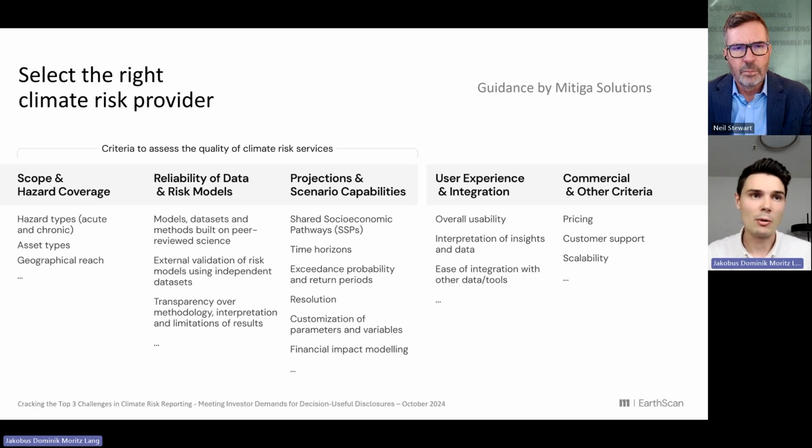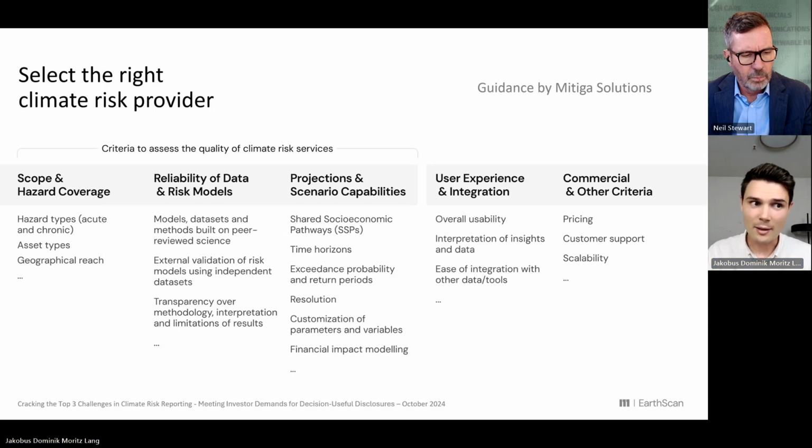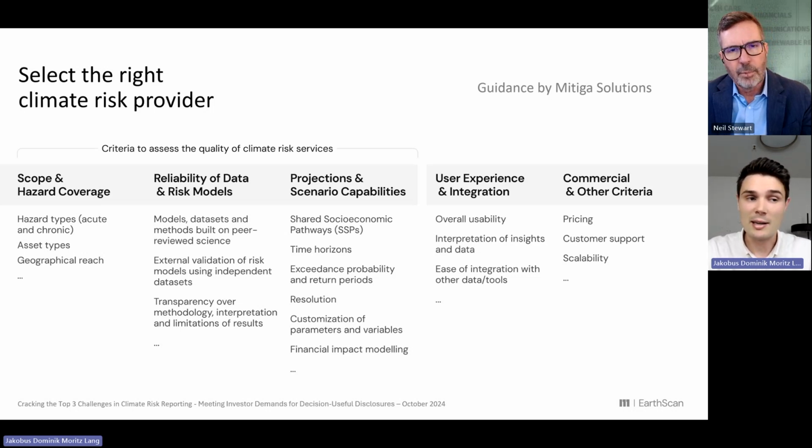And the second pillar I want to touch on is the reliability of data and risk models. And it speaks again to standards and maybe the room there still is in terms of methodologies. But really here, the key thing is if it's backed by science, it also needs to be validated externally with independent data sets.